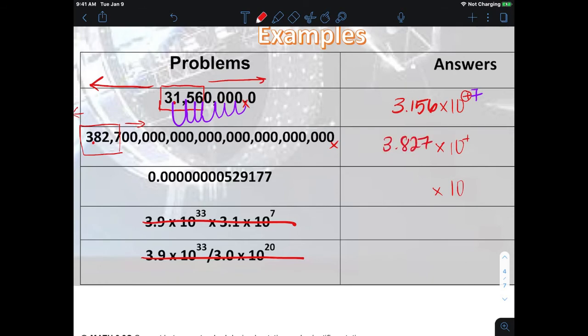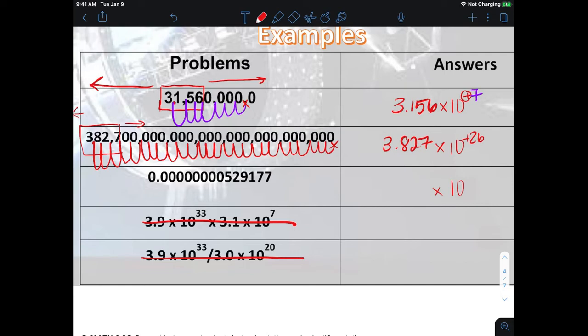And now I need to count how many spaces. 1, 2, 3, and so on up to 26. So my answer is 3.827 times 10 to the power of 26.